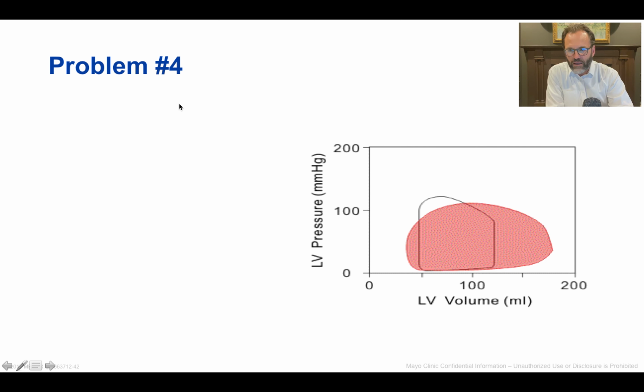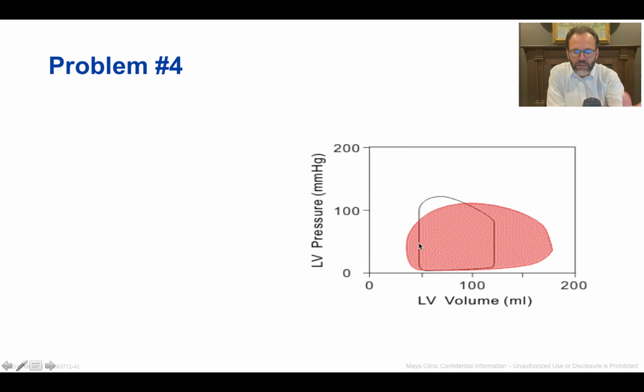Now finally, with our last example here, again, we have a very large pressure-volume relationship here in the pathological condition. Again, we have the smoothing and non-vertical nature of the systolic isovolumic contraction phase and the diastolic isovolumic relaxation phase.